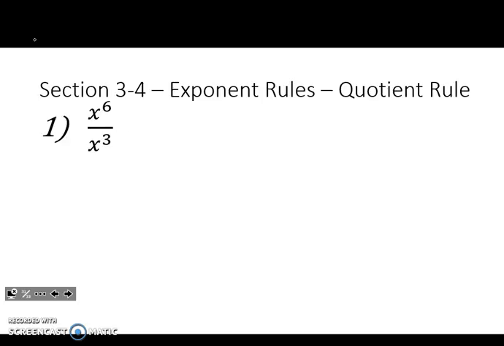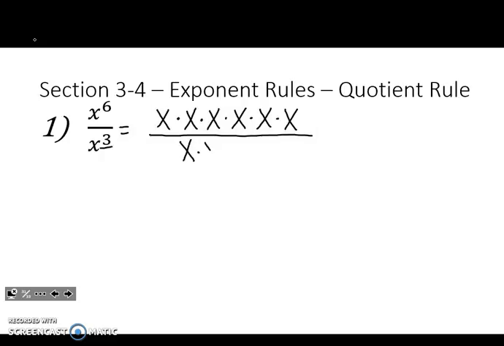Okay, I'm going to write this in expanded form so that you can see exactly how this rule works. So x to the sixth can be written as x times x times x times x times x times x, over x to the third, which would be x times x times x.